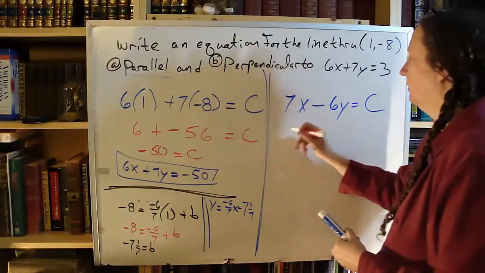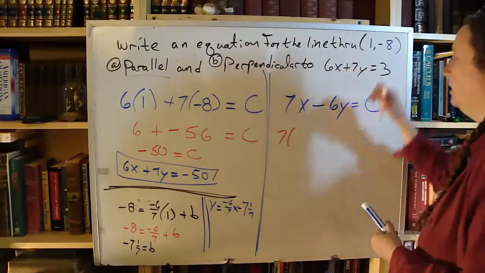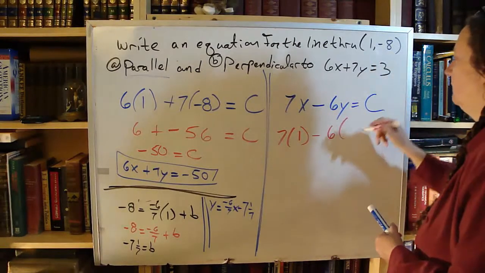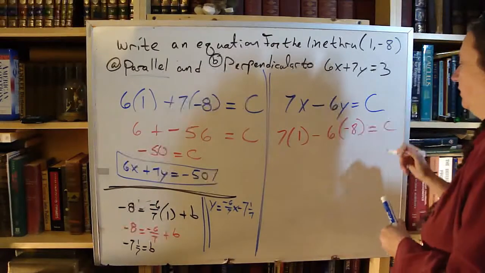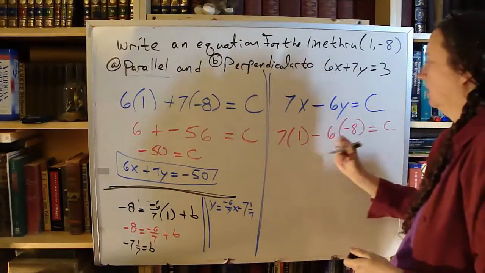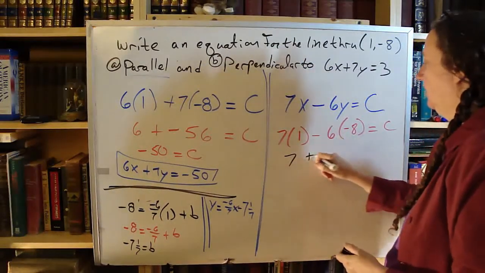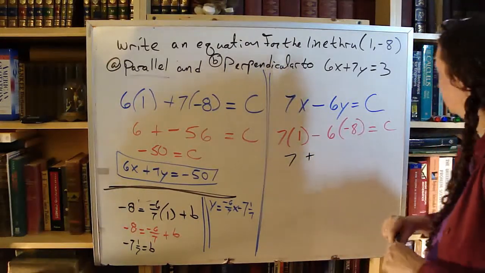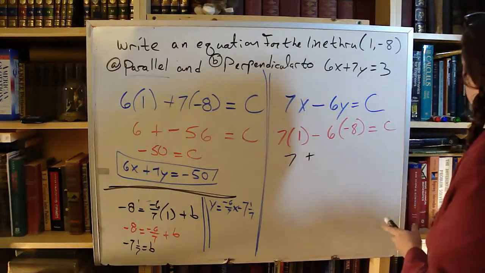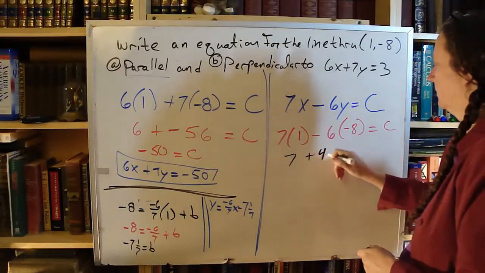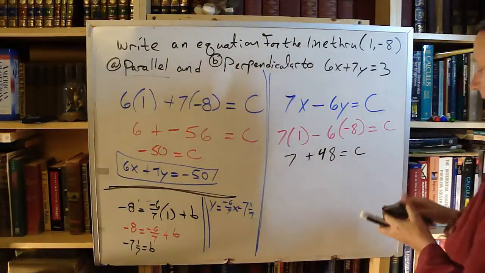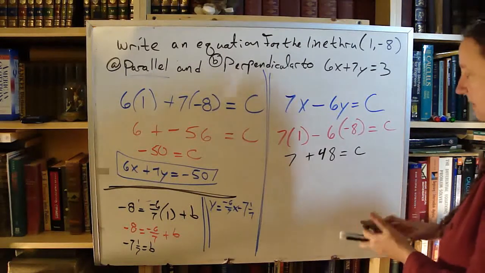So I have 7 times x, 1, minus 6 times y, -8, equals C. Minus times minus is plus. 6 times 8 equals 48. So 7 plus 48 equals C. That works out to 55.